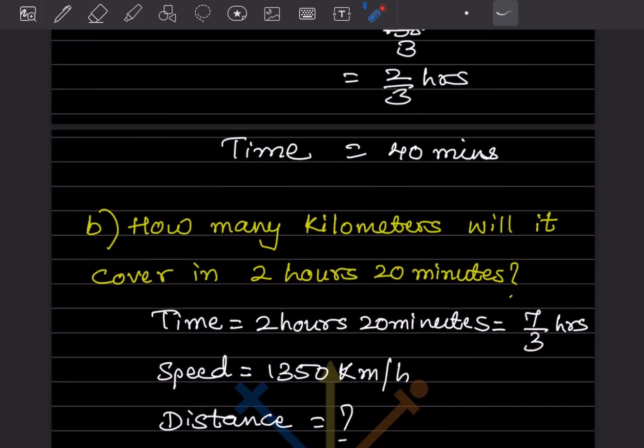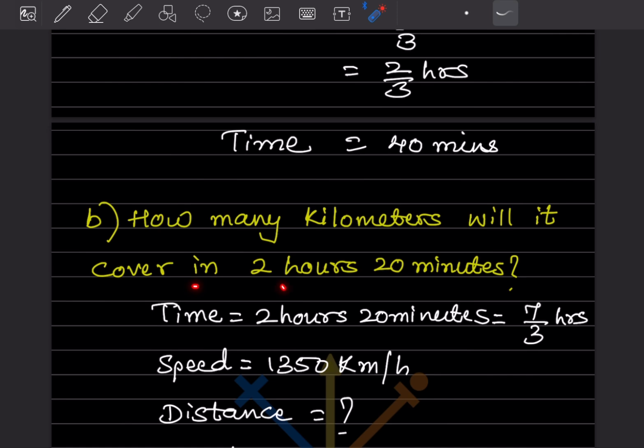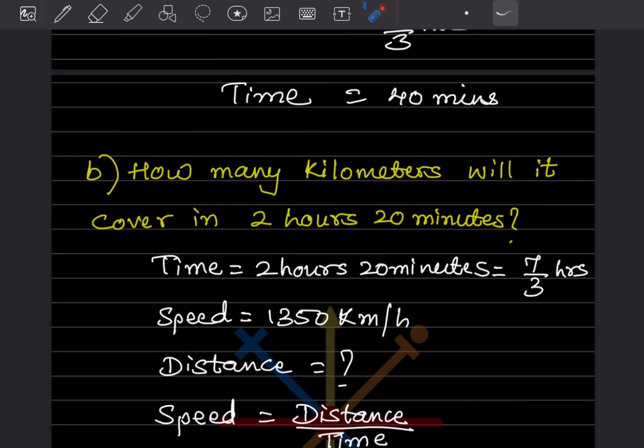So now here, how many kilometers will it cover in 2 hours and 20 minutes? So time is given here as 2 hours and 20 minutes. Here the speed is in kilometer, so this also should be either kilometer per hour or meter per second.